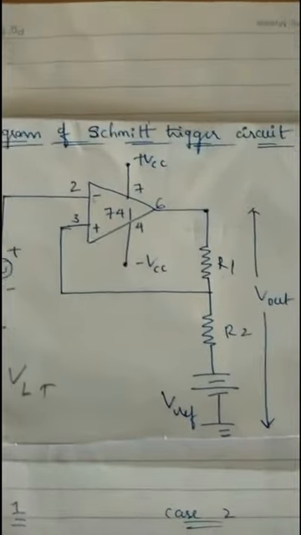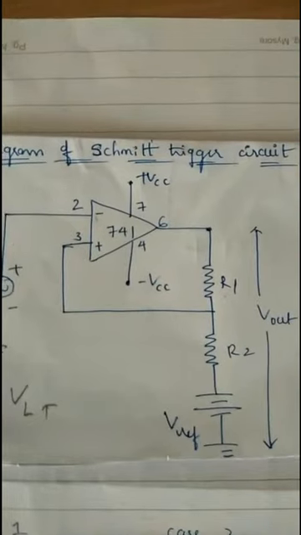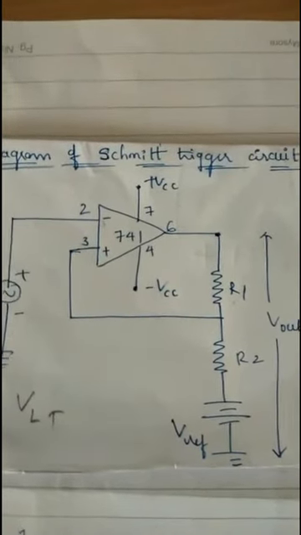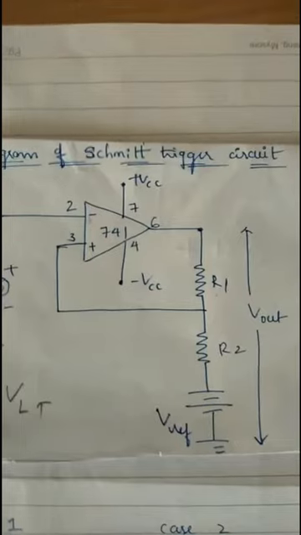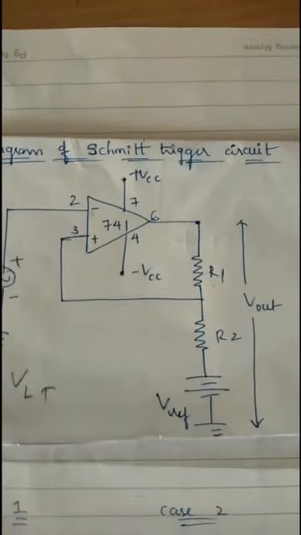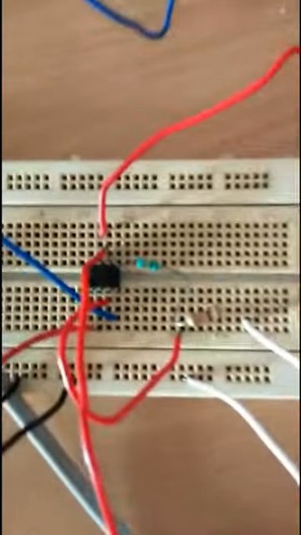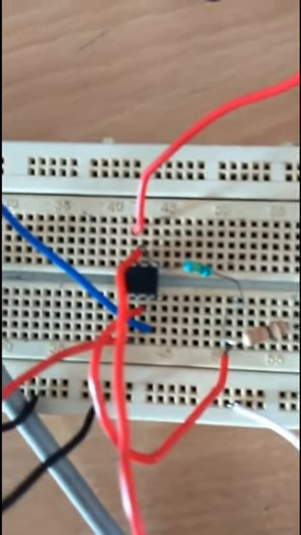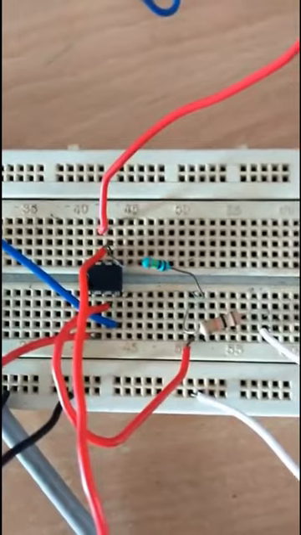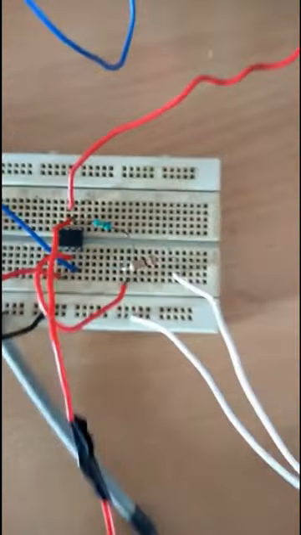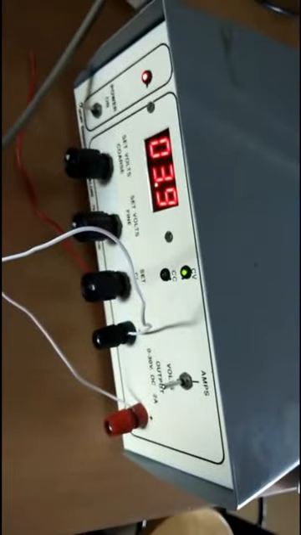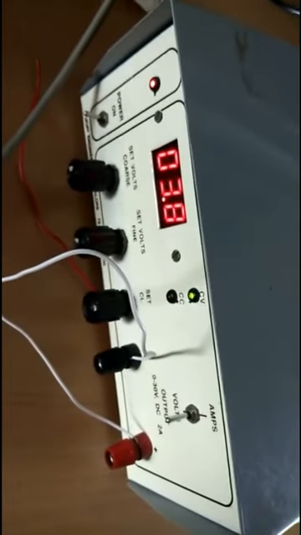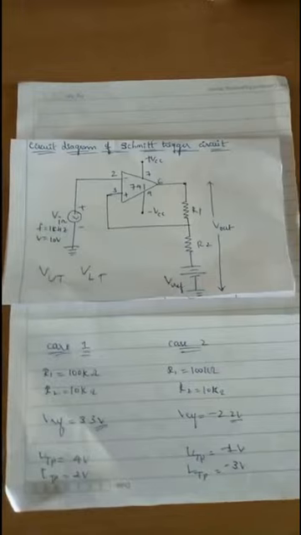One end of R1 is given to pin number 6 of the op amp, then the other end of R1 is connected to R2, and the other end of R2 is connected to V reference. As you can see here, R1 is connected to pin number 6 and R2 is connected to the reference power supply, which is taken as 3.3 volts as per the design.